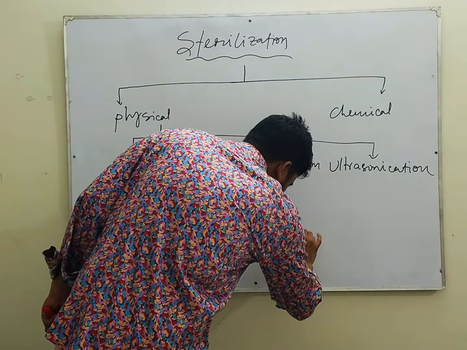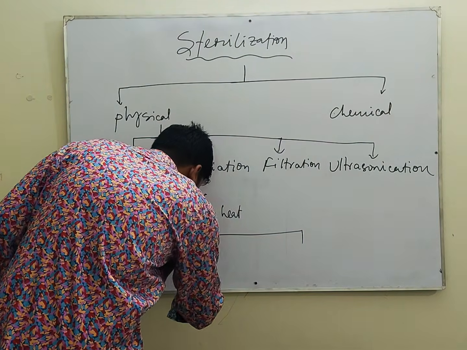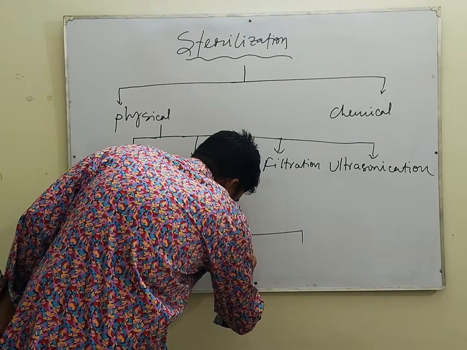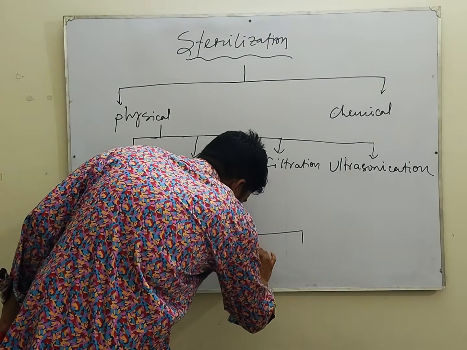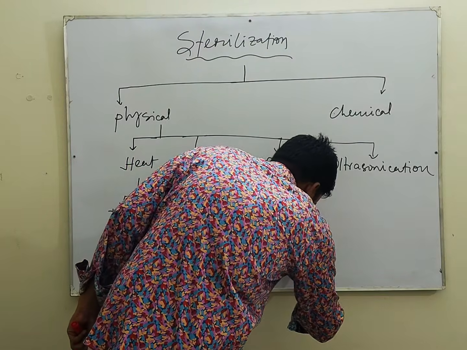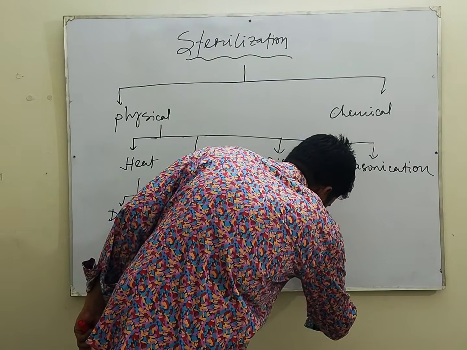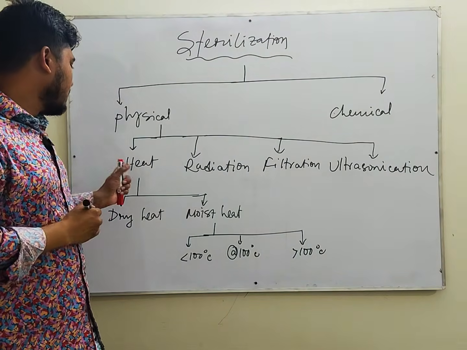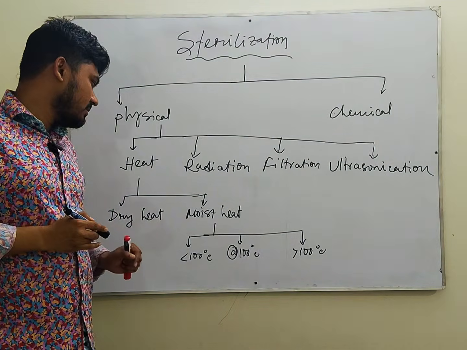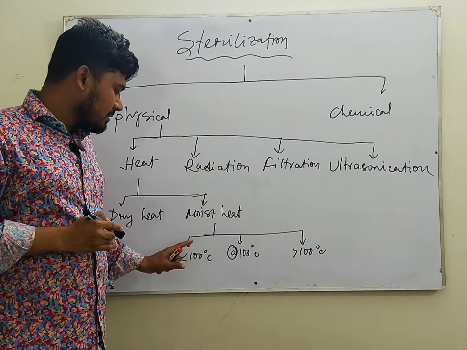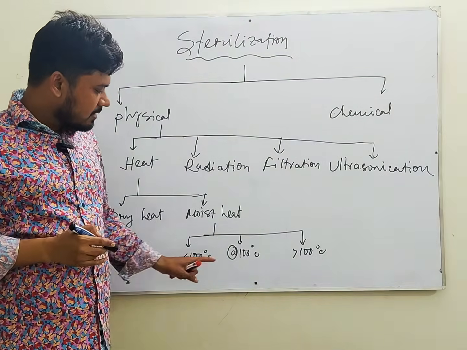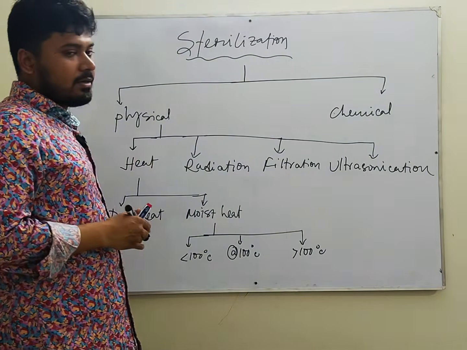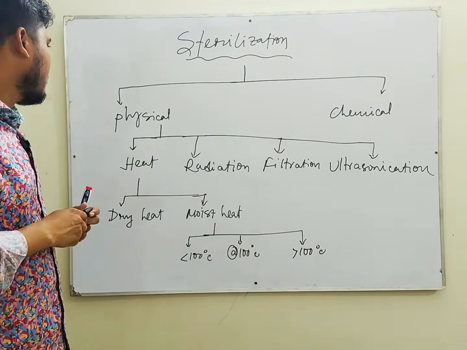Moist heat again classified into three types: below 100 degree, at 100 degree, and above 100 degree centigrade. Heat two types: dry heat and moist heat. Moist heat again three types: less than 100 degree centigrade temperature, at 100 degree centigrade temperature, and above 100 degree centigrade temperature.